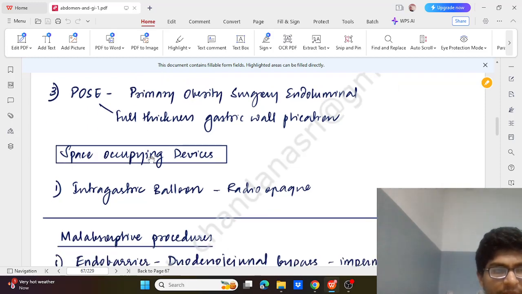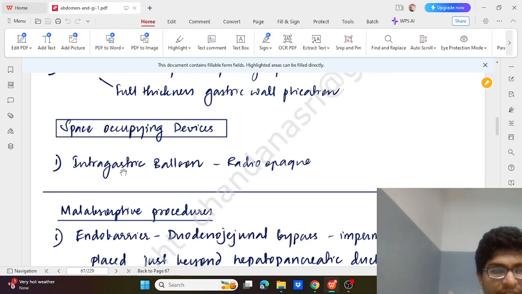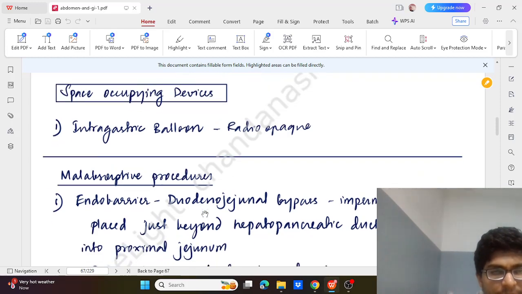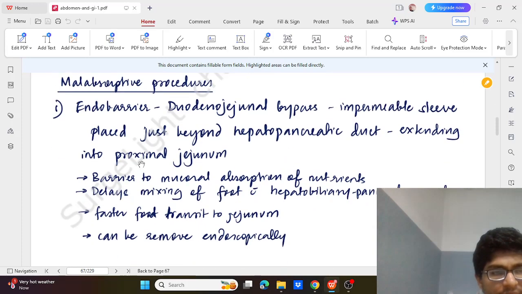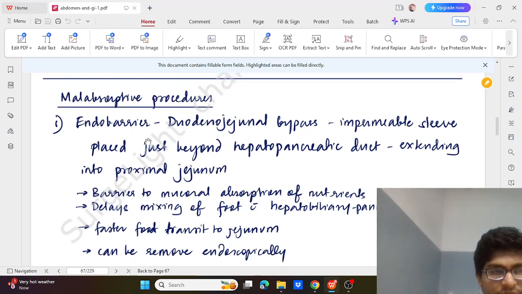Then space occupying devices. These are the intragastric balloons, which are radio opaque and reduce the gastric space and can be varied in size by filling saline in these balloons. Then some malabsorptive procedures. There's an EndoBarrier which is useful for duodenojejunal bypass.